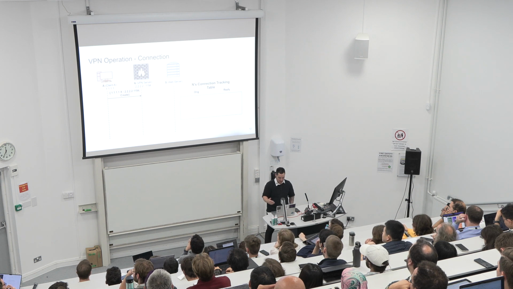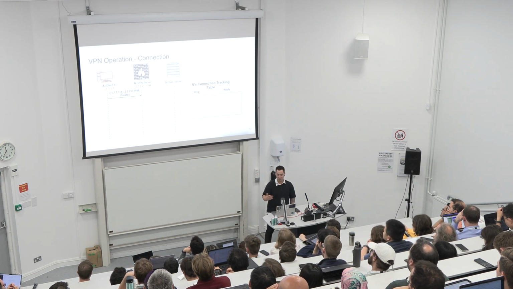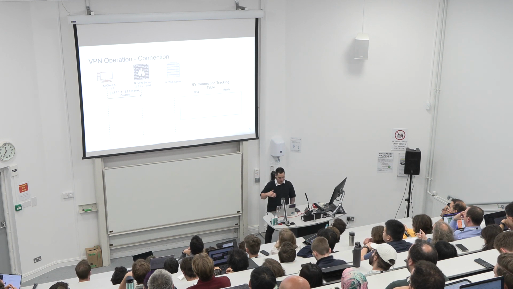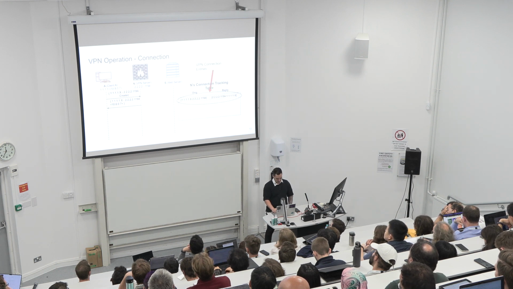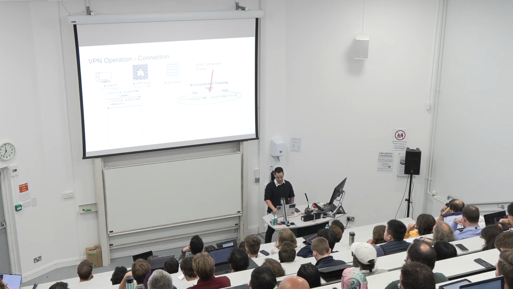little bit, and in particular focus on the connection tracking framework, because that's where the vulnerability that we identified lies. So when a client connects to a VPN server, it sends a packet to the VPN server's listening port 1194. The VPN server is then going to respond with some configuration information, including a private IP address for the client.